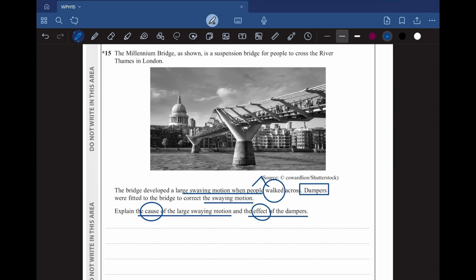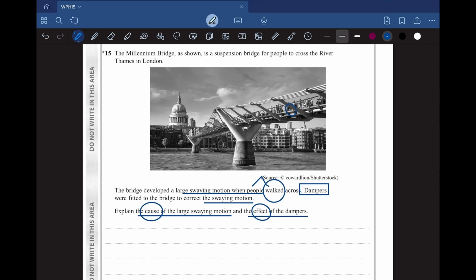Now the bridge also has a natural frequency. When the people walk across, the bridge is set into oscillation with a driving frequency, and if that driving frequency is equal to the natural frequency of the bridge, then resonance occurs.